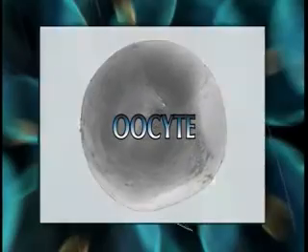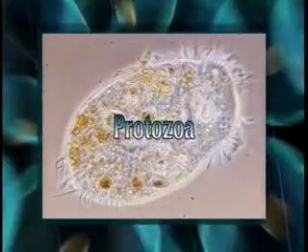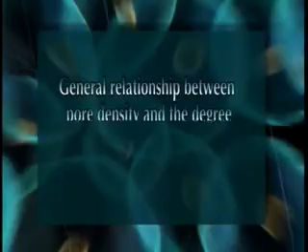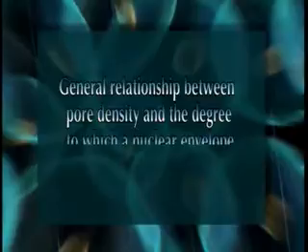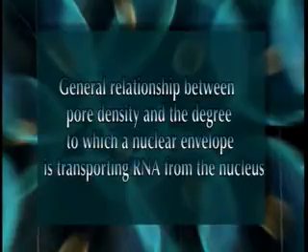In amphibian oocytes, certain plant cells and protozoa, the surface occupied by the pores may be as high as 20 to 36%. There appears to be a general relationship between pore density and the degree to which a nuclear envelope is transporting RNA from the nucleus.